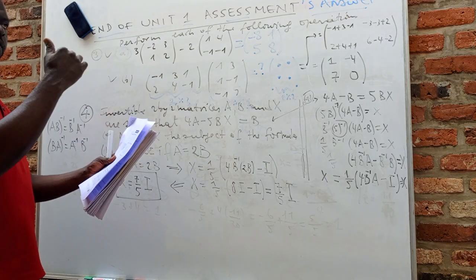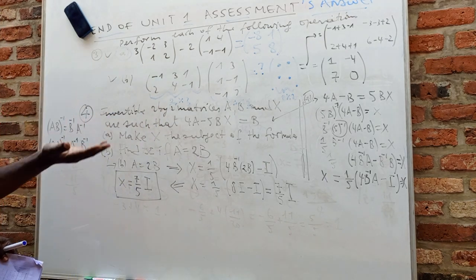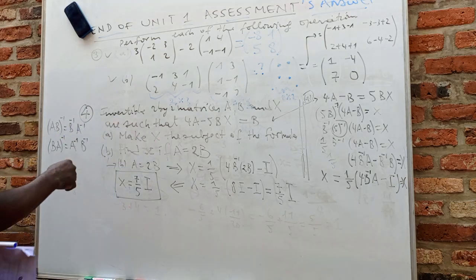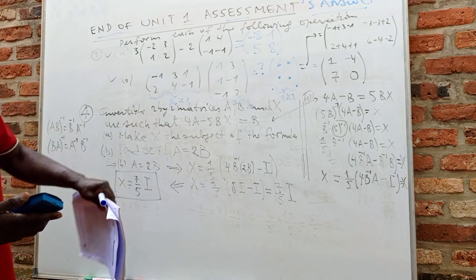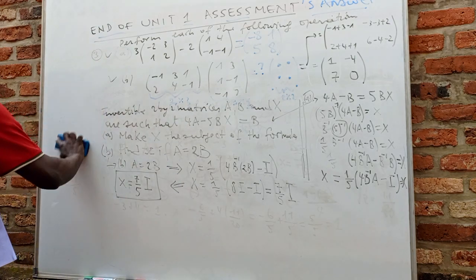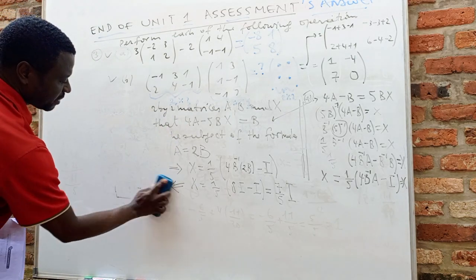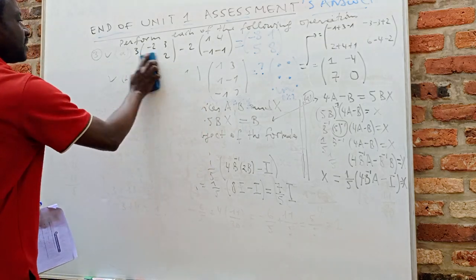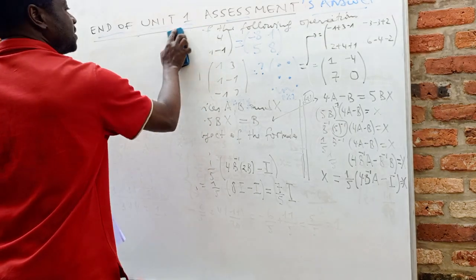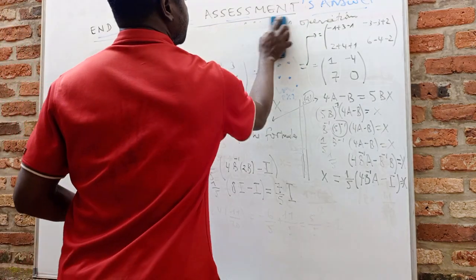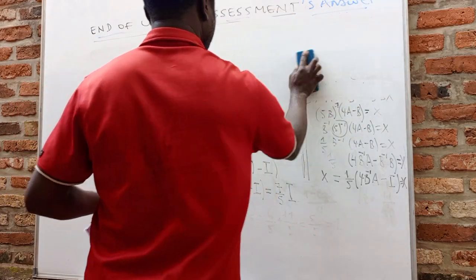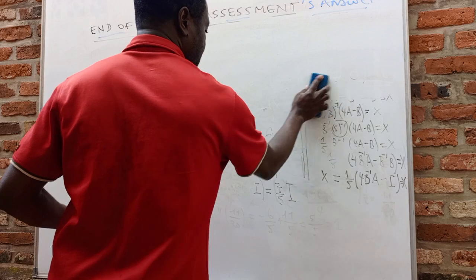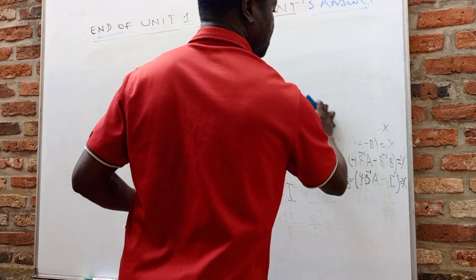We have a total of 10 questions, so we are going to stop at question 5, and in another video we are going to look at the other 5 questions. For the moment, let us work on question 5.